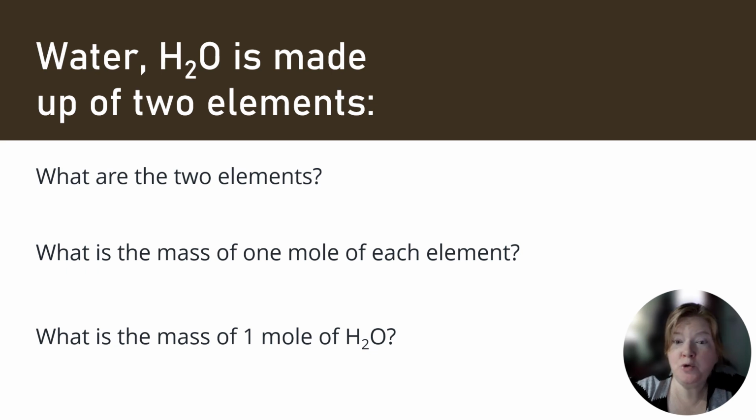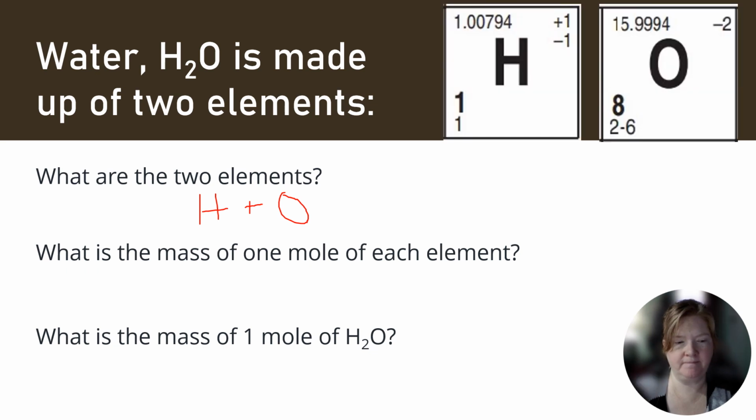Water is made up of 2 elements, right? What are those elements? Well, H and O, right? What is the molar mass or the mass of 1 mole of each element? Well, I need to see the elements, right? Okay, there they are. So for hydrogen, it is 1 gram per mole.